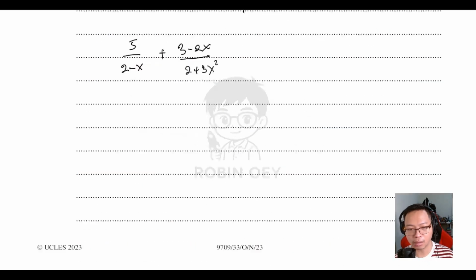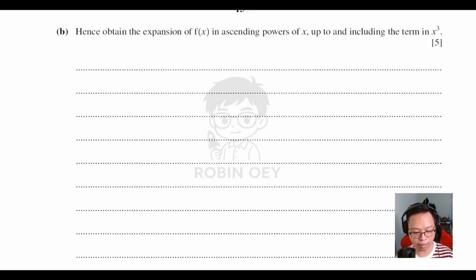Okay, next go to 9b, hence obtain the expansion. So this is a negative binomial expansion. I just rewrite 5 over (2 minus x).